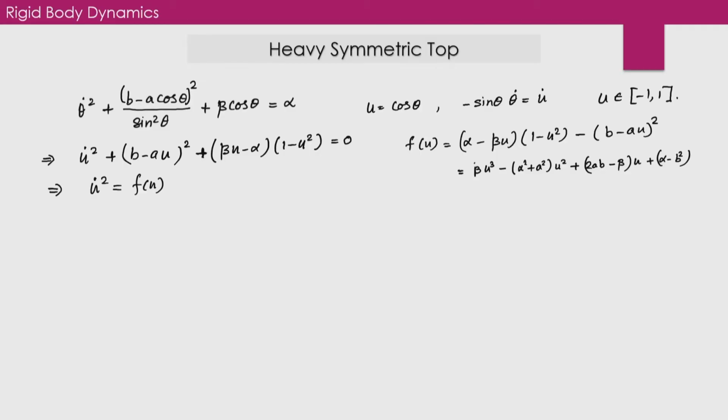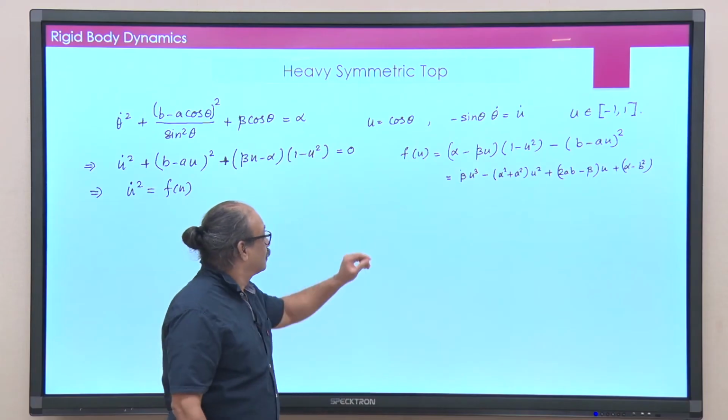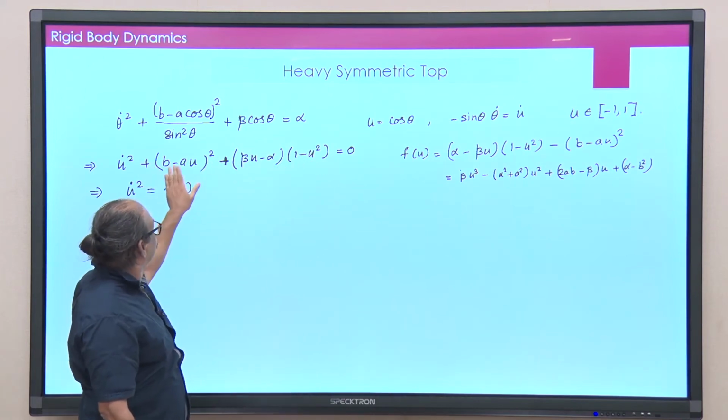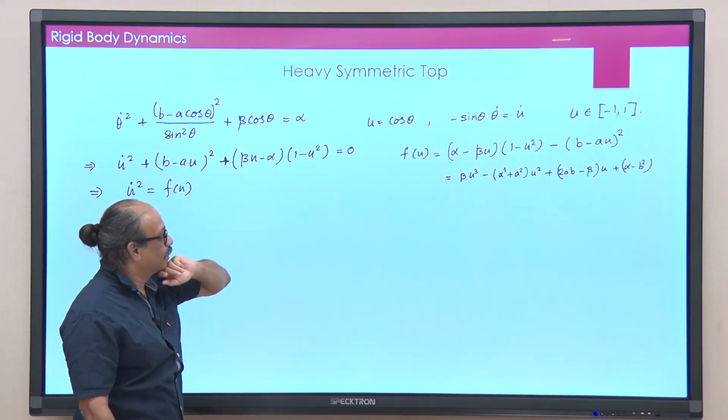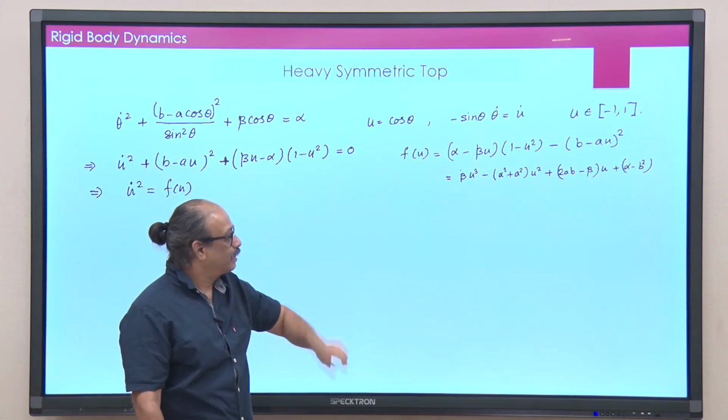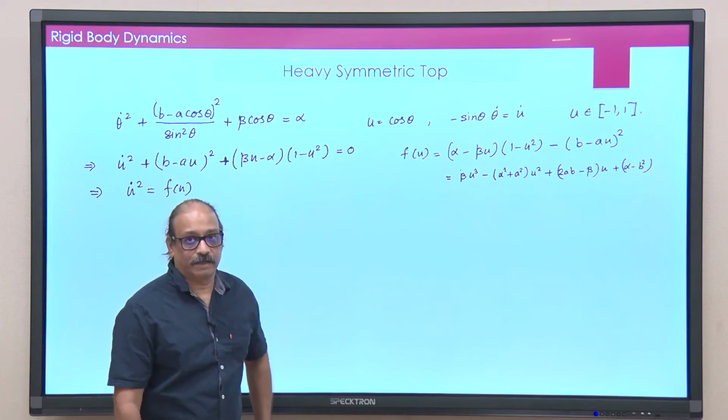Okay. So, I will write u dot square is equal to f of u, where the function f is of course the negative of the second and third terms. That is basically (alpha minus beta u) into (1 minus u square) minus (b minus a u) whole square.